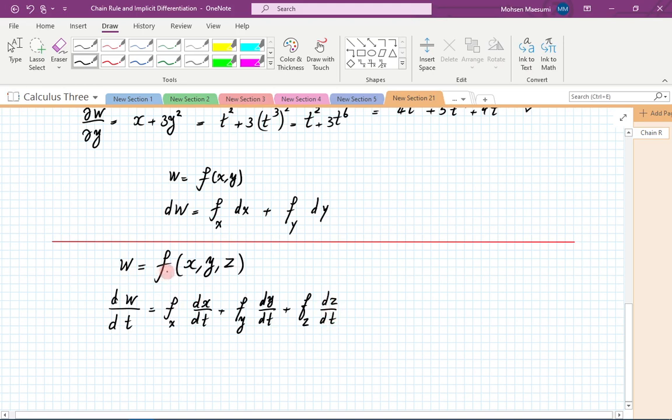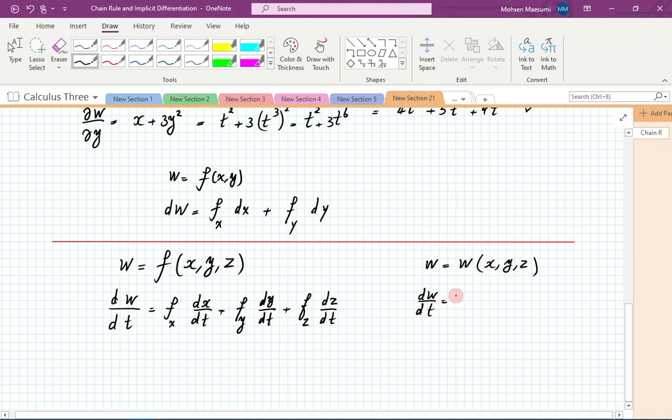Sometimes, to abbreviate further, the name of the function is taken to be the same as the name of the output of the function. So sometimes this is written like this: w is a function, and just to remember that the function has output w, we name the function also w, and then we have the following look for this. We have dw/dt.